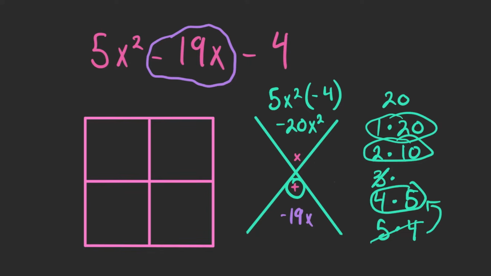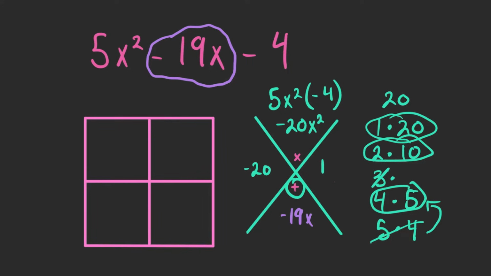So the question is, which combination of these numbers will add to give me negative 19, but also multiply to give me negative 20? Unfortunately, these are all positive, so it looks like one or more of our terms are going to have to be negative. Let's think through this. If I have a negative 20 and a positive 1, multiplying negative 20 times positive 1 gives me a negative 20.